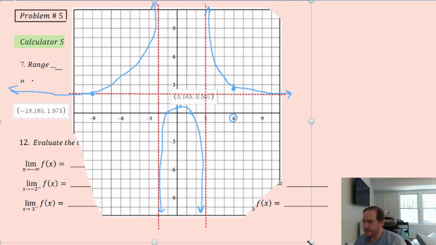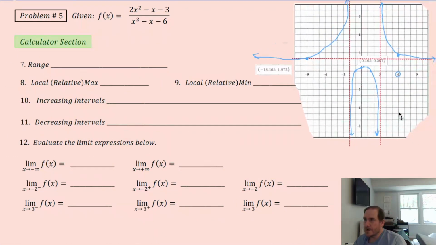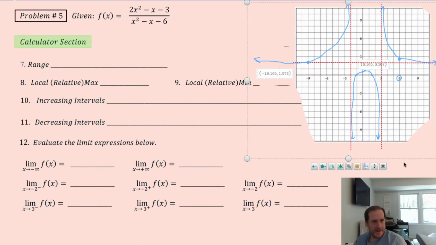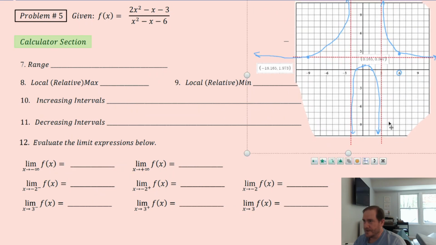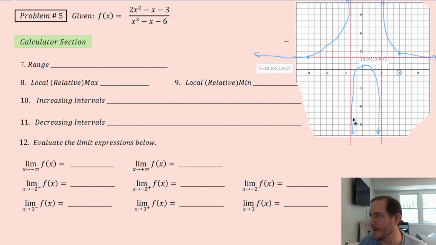Okay, there's our graph. As long as you guys have a picture to look at, I think this should all be easy. What's our range? I already warned you. We're going to have that one little void zone in the middle here, but it's going to be -infinity up to this local max, which is 507. I'm going to call it 0.507. I could be misreading it, but I don't think so.